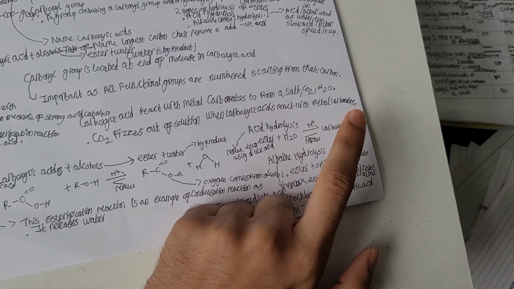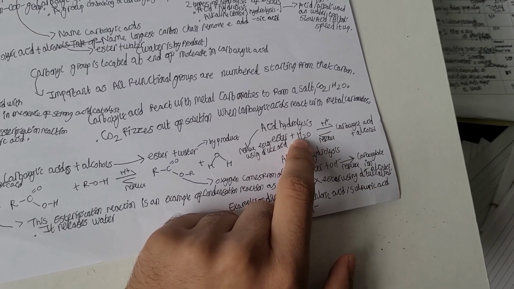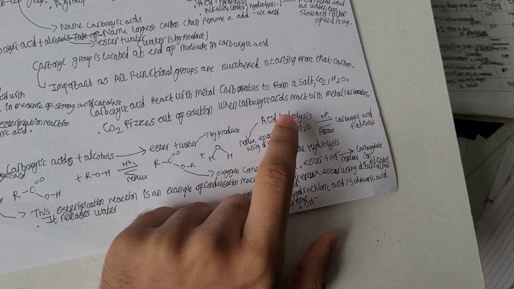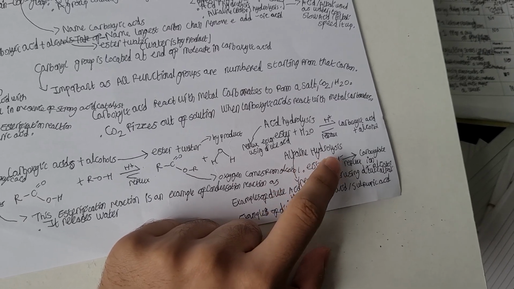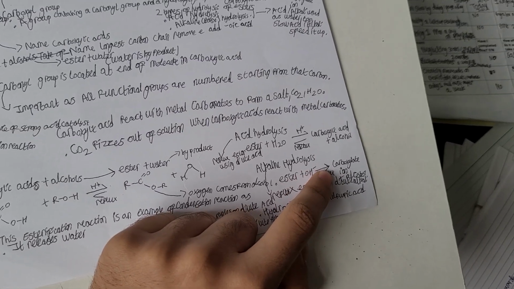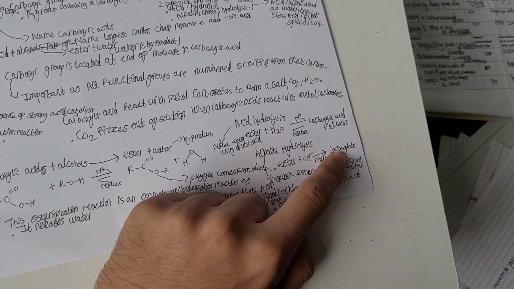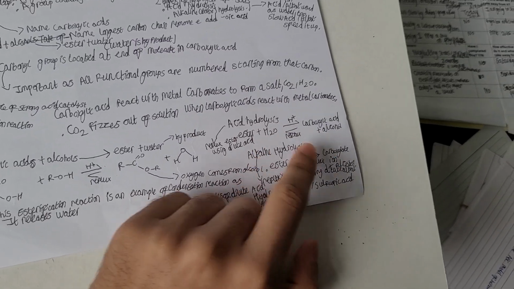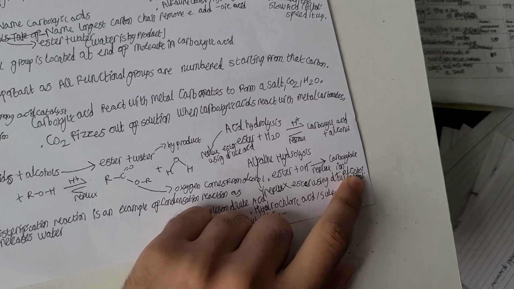So in acid hydrolysis, you form your carboxylic acid plus your alcohol from the ester plus H2O, a reversible reaction with H plus and reflux. Alkaline or base hydrolysis is ester plus OH minus, the dilute alkali, with reflux, not a reversible reaction, just reflux, to form your carboxylate ion plus your alcohol. So acid hydrolysis gives a carboxylic acid, alkaline hydrolysis gives a carboxylate ion, and both form alcohols.